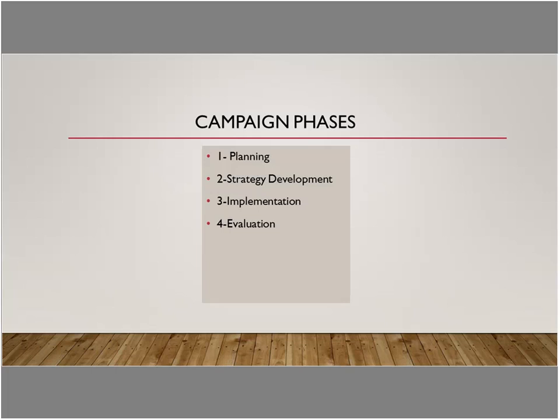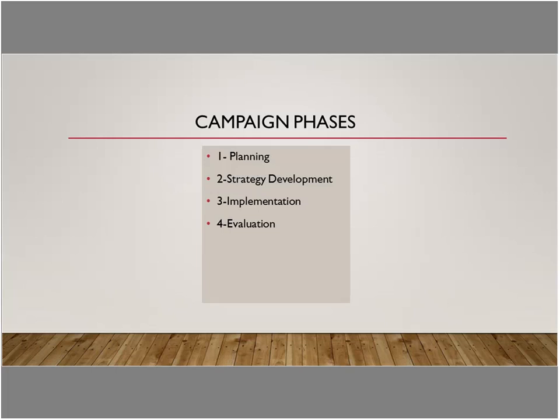So there are 4 different phases when you are implementing a campaign. And I know a lot of you who are already working in coalitions are familiar with this, but I do want to just kind of give an overview and give an outline of how the campaign rolls out. And no need to panic, because most of this has been done for us already.